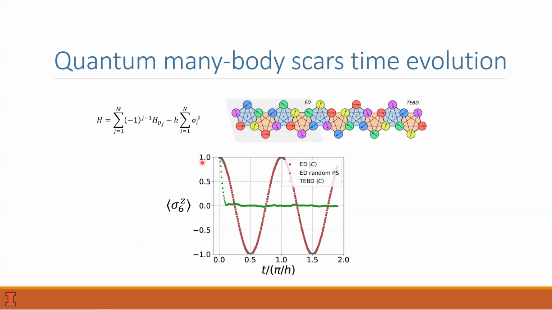But if you start in some random product state, you get a very quick decay to the thermal value, which is zero expectation value. So if you can produce this kind of state as your initial state in an experiment, you can see persistent oscillations. But if you prepare a different initial product state, you see a quick decay to thermal behavior.